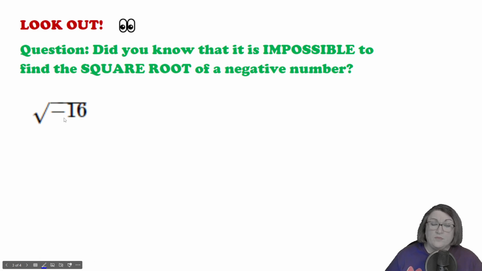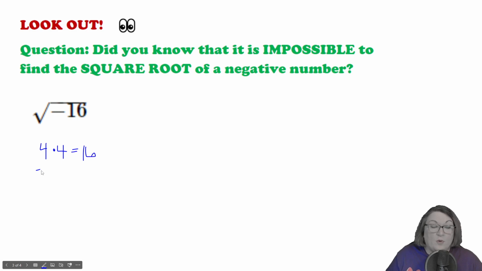Okay. If you really think about it, the question you're asking is what number times itself is equal to negative 16? Well, 4 times 4, that number times itself, gives us a positive 16. So that does not work.